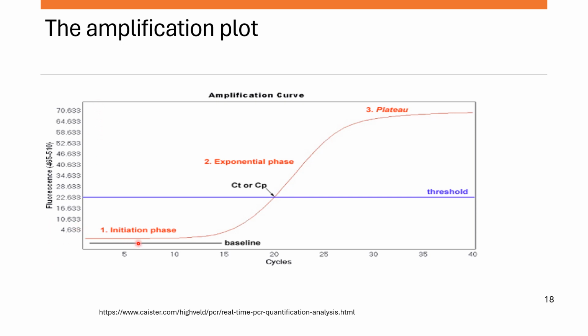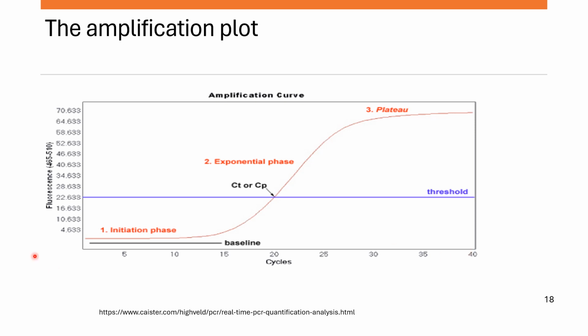The plot represents a sigmoidal amplification pattern. This sigmoidal curve demonstrates the change in fluorescence over the number of cycles. Typically, in a qPCR experiment, there are 40 cycles. That is, there are 40 rounds of amplification.